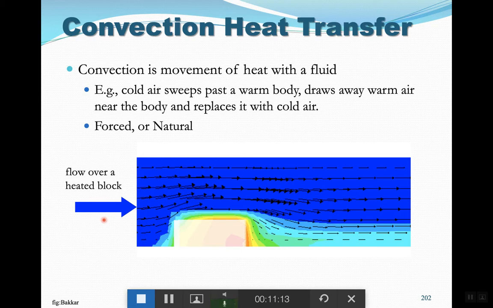You have a box at a higher temperature than the fluid passing over it, and the fluid is cold, but as it passes over the box, it gets heated and the heat is transferred downstream, as you see. But this heat is not through conduction, it is through convection, and this is actually forced convection, because the cold water coming from the left-hand side is probably being driven by a compressor or a pump, right? So that's called forced convection.